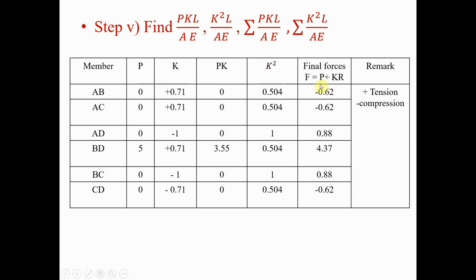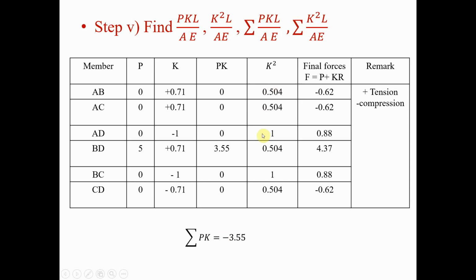Now to find out the final forces in the members of the truss, we have the formula F is equal to P plus KR. Now we already know P and K, but R remains to be found. So we get R from the summation terms. Let us find out the summation PKL upon AE.